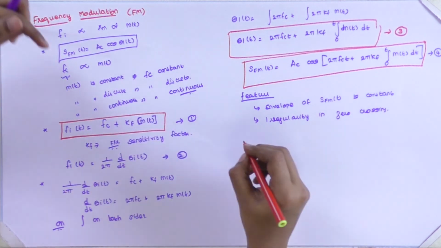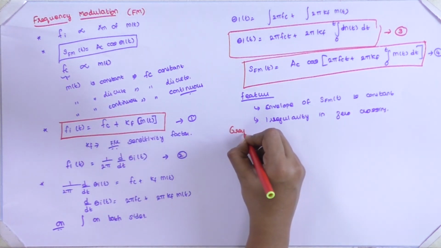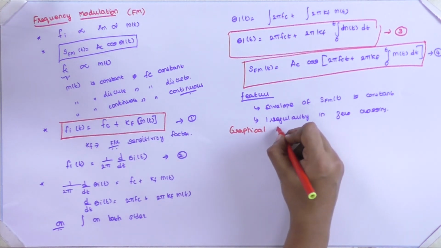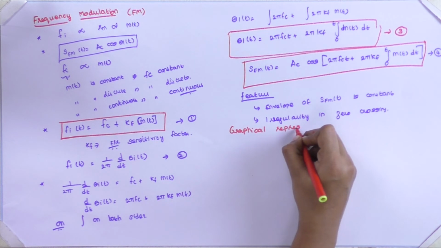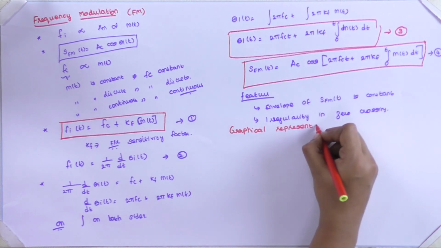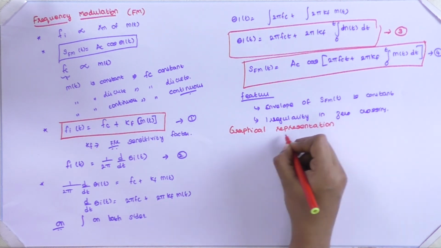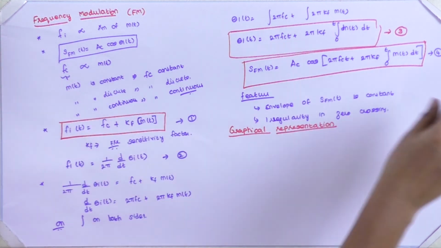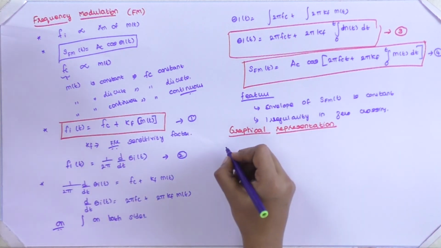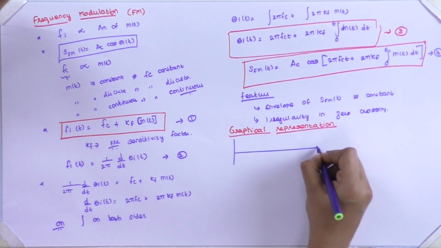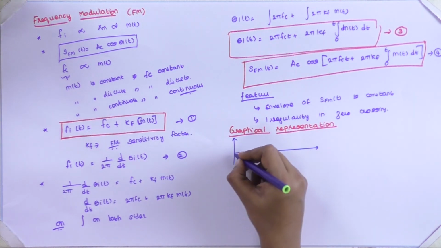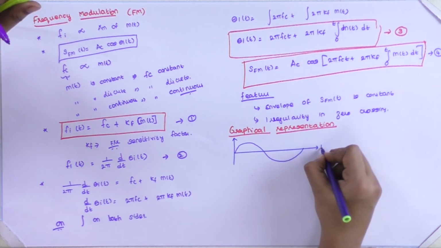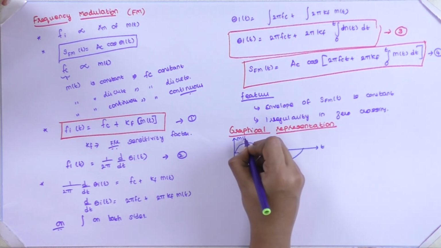Now we will see the graphical representation of FM and PM. This is our message signal m of t with respect to t.